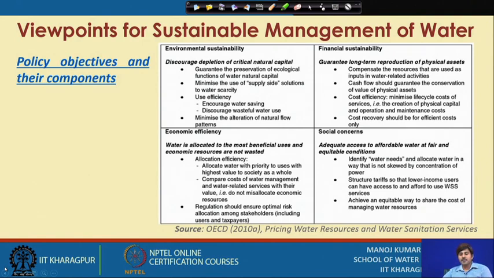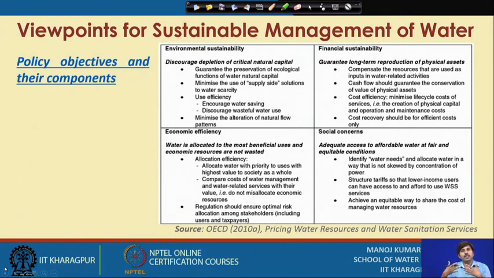Then there is financial sustainability, which talks about guaranteed long term reproduction of physical assets. This compensates the resources that are used in water related activities, so it ensures cash flow, cost efficiency and cost recovery in financial terms. Then there is economic efficiency, which suggests that water is to be allocated to the most beneficial use and economic resources are not to be wasted.